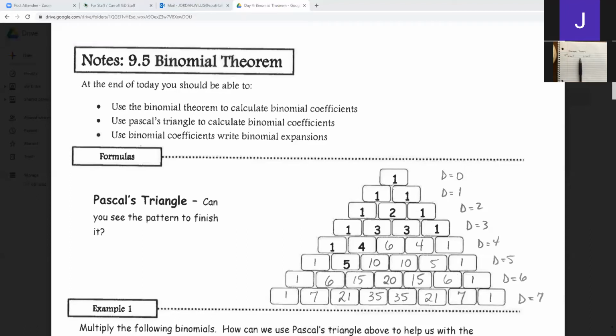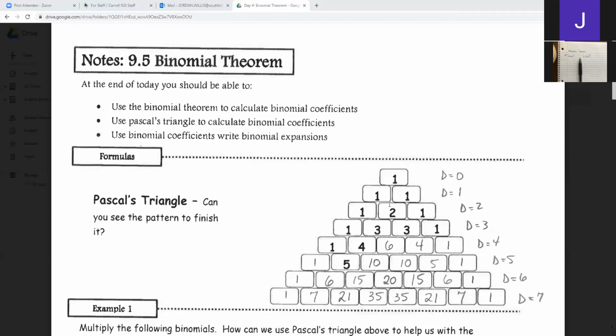And then what's important is what's happening in the interior. So the first one's 1, the next level is 1 and 1. It's this third level where you start seeing something interesting. So 1 and 1 are on the outsides like we talked about earlier, but on the inside is now a 2.